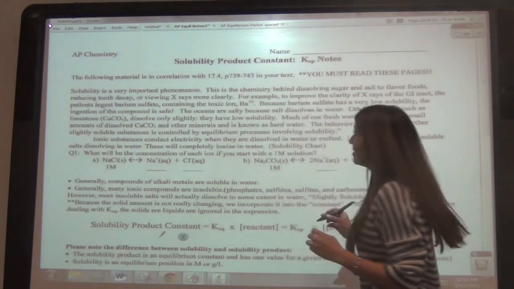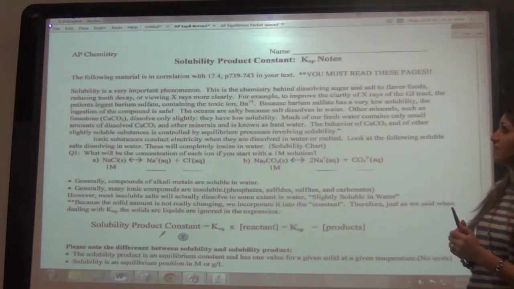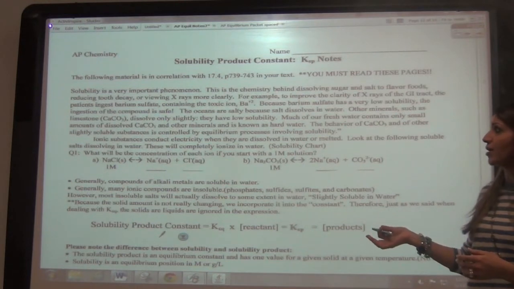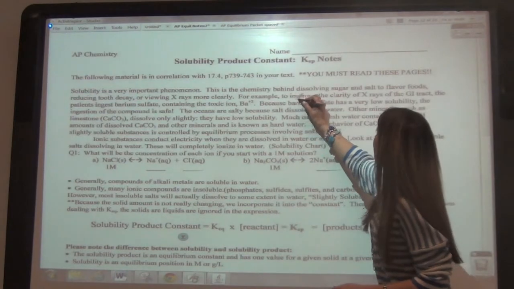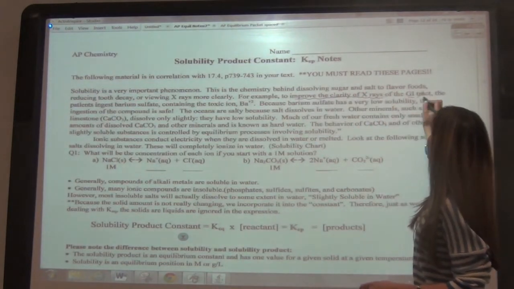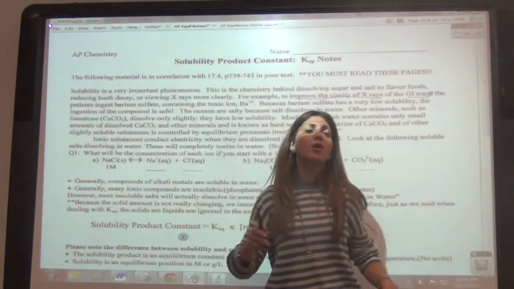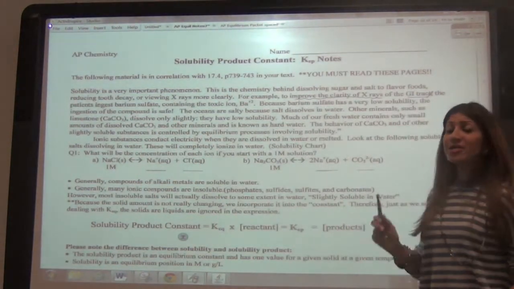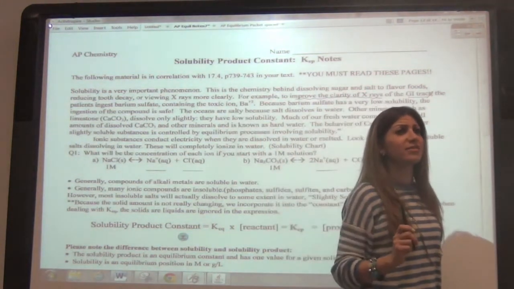So it says solubility is a very important phenomenon. It's the chemistry behind dissolving sugar and salt to flavor foods, reducing tooth decay, or viewing x-rays more clearly. For example, if you want to improve the clarity of x-rays of your GI tract, you can take something called barium sulfate, where the barium ion is very toxic to us.